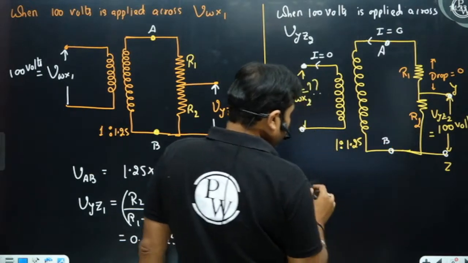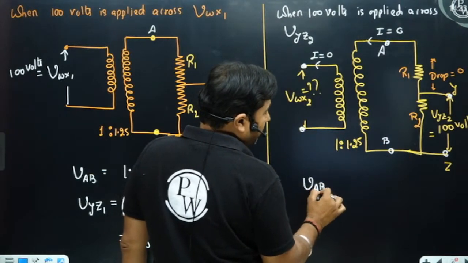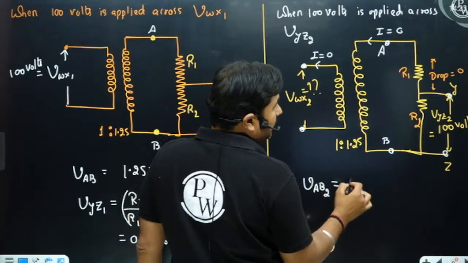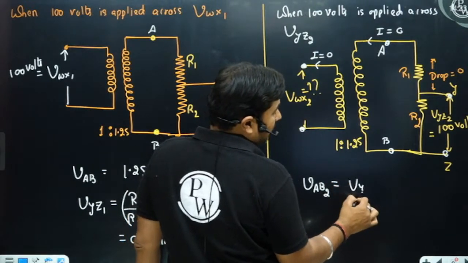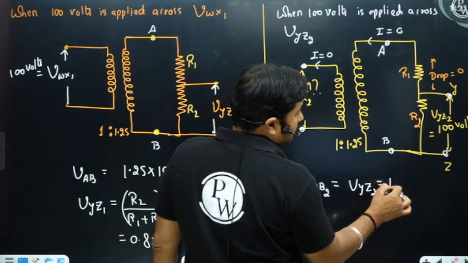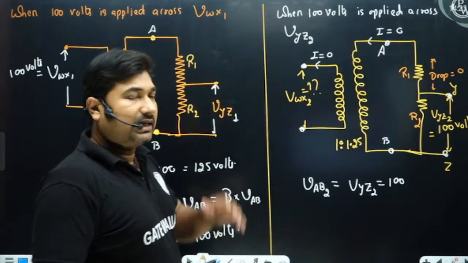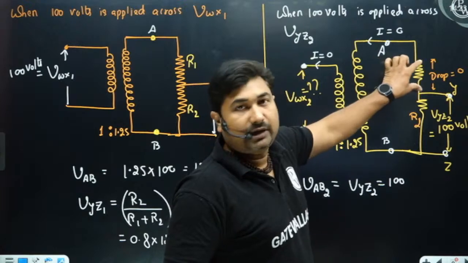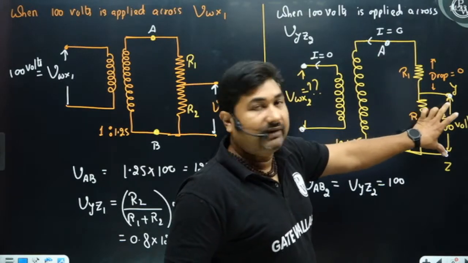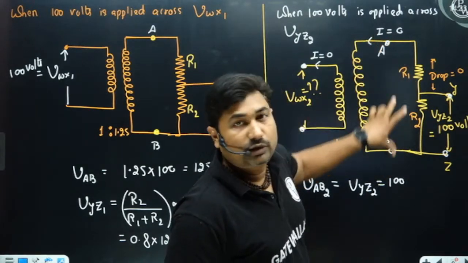Yes, sir. So voltage across AB in the second case will be VYZ2 only, that is 100 volt. Why? Because it's an open circuit, so there is no current. If there is a current, there will be a drop. Then you can say, sir, we have this voltage minus this drop will be the voltage appeared across AB.